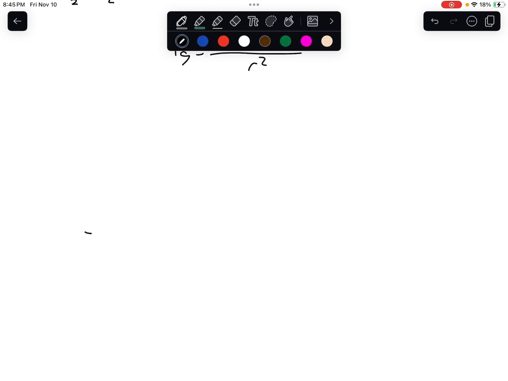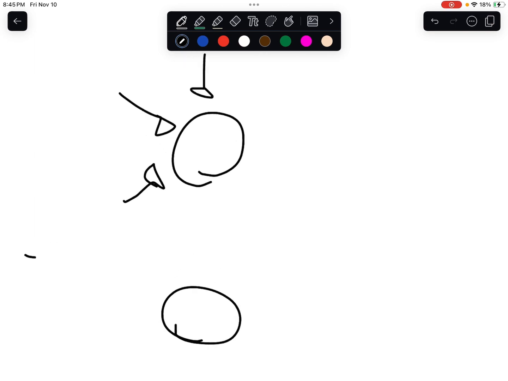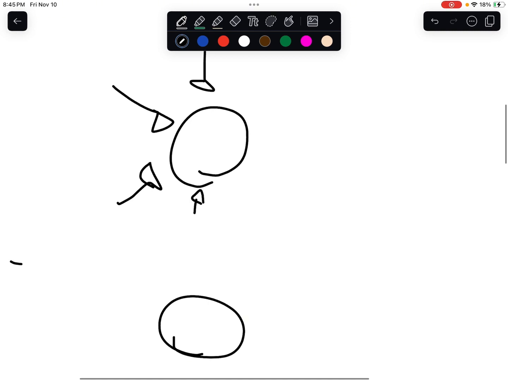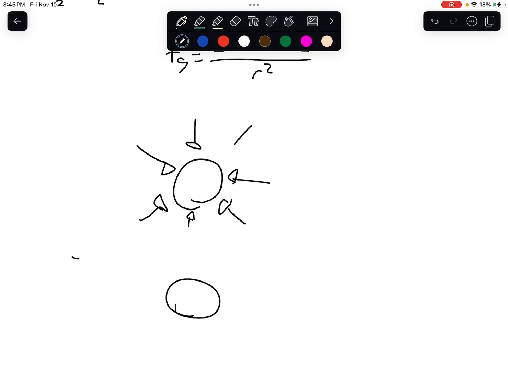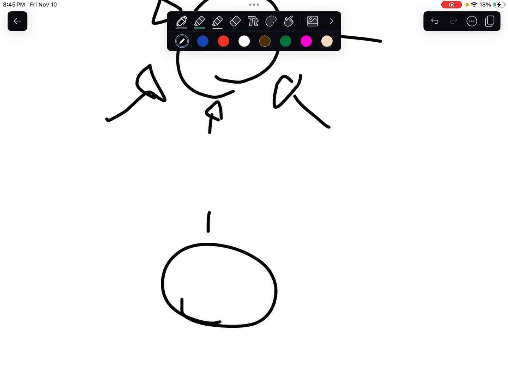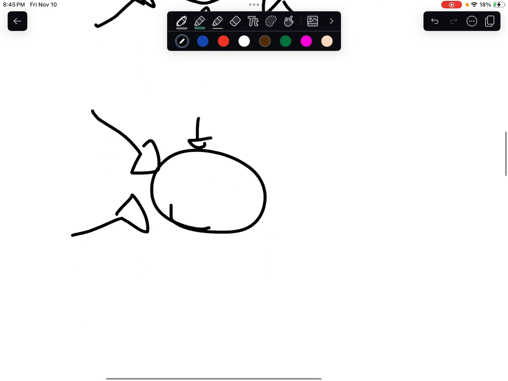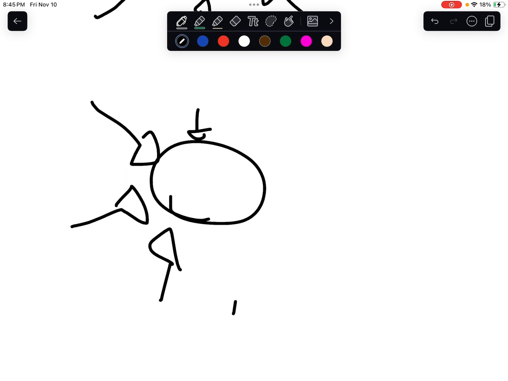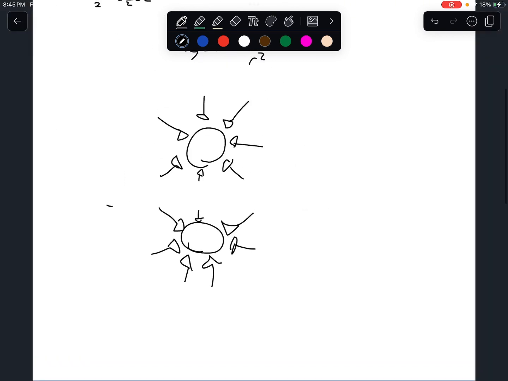A mass has a field around it. When there's another mass over here, that makes the field smaller in that area because this planet also has its own field. So the fields kind of interfere with each other. That's what you need to understand about gravitational fields.